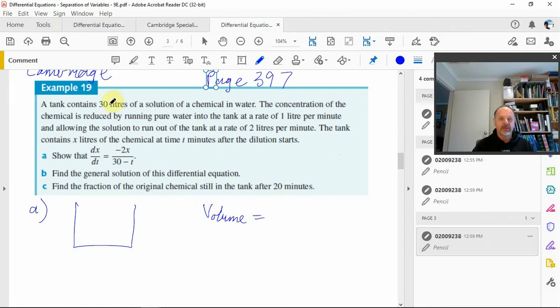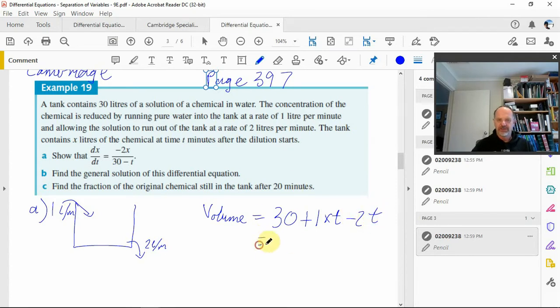is, so initially we've got 30. Runs pure water into it at the rate of 1 litre per minute. If I'm using t for minutes, that's 30 plus 1 litre for every minute. And then it runs out, so we're going in at 1 litre per minute, and we're going out at 2 litres per minute.